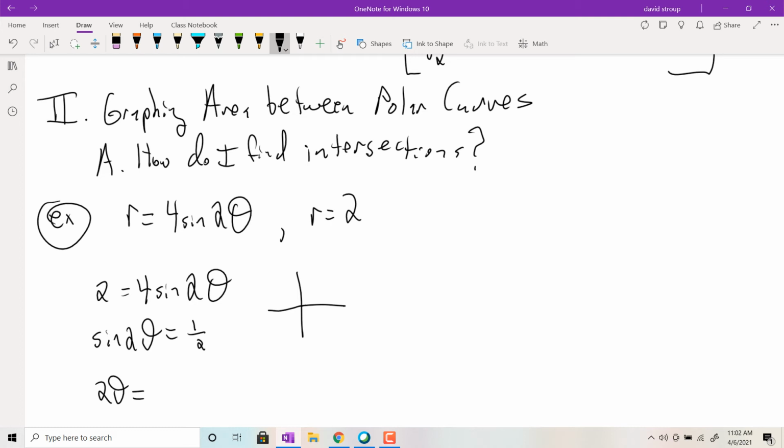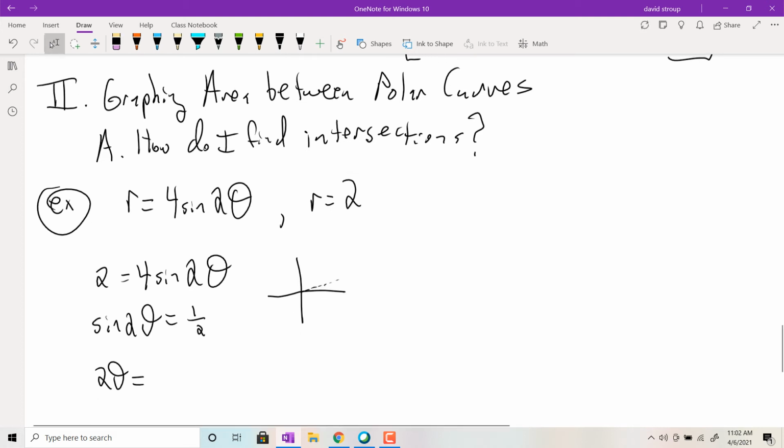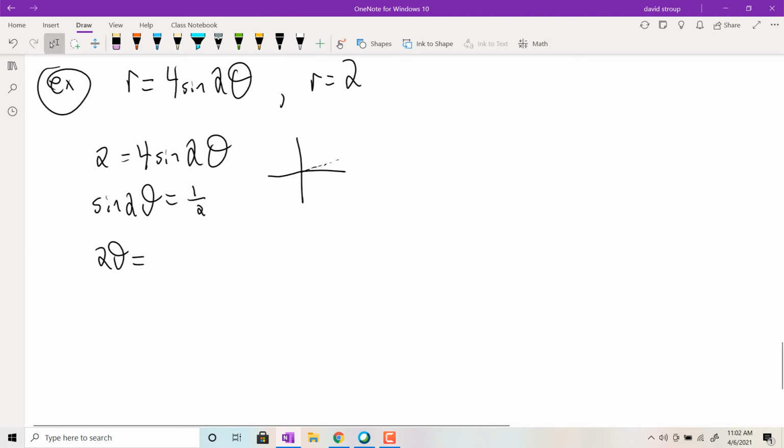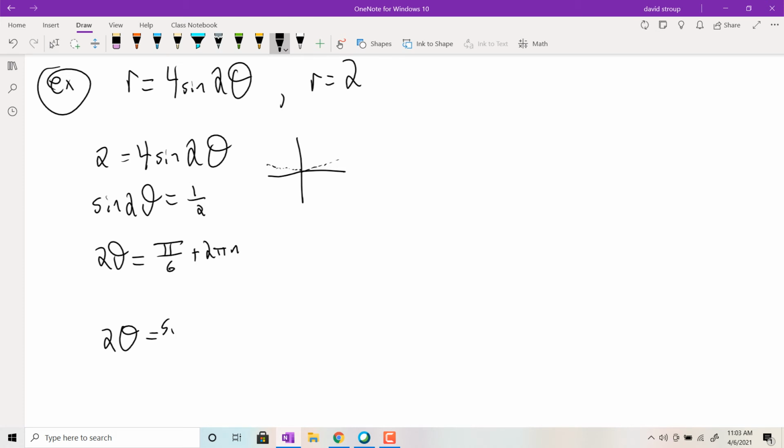So we have one generating angle, pi over 6, plus 2 pi n. The other angle in between 0 and 2 pi that would give you positive 1/2 sine is also positive in the second quadrant, so the 5 pi over 6 plus 2 pi n.